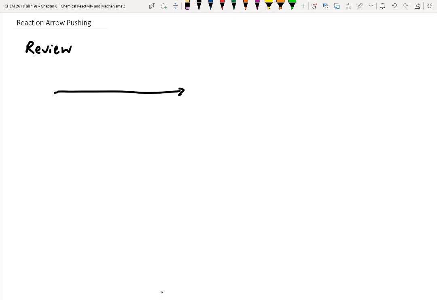Electrons, right. On one side of the arrow, we've got the electron destination. To be more specific, we should say electron pair destination.